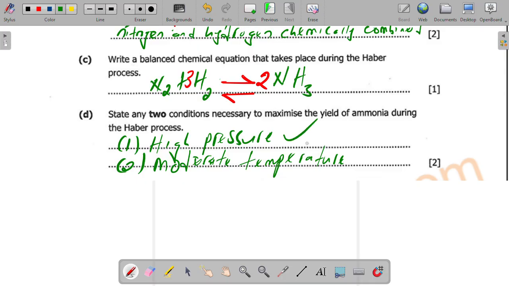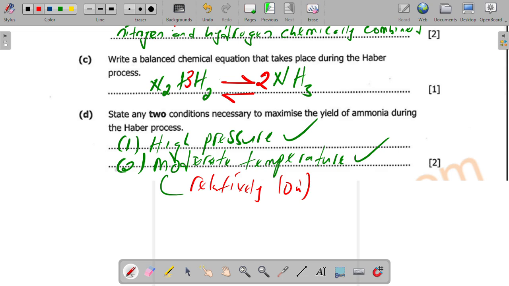Number 1, we need a high pressure. Number 2, we need a moderate temperature. Why? And this temperature must be relatively low. Very important.